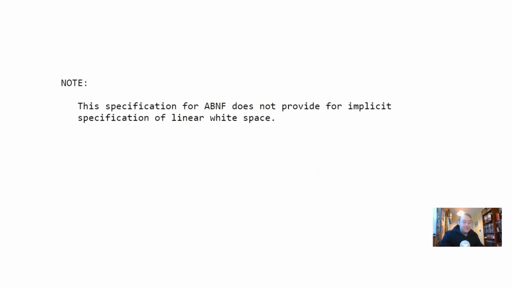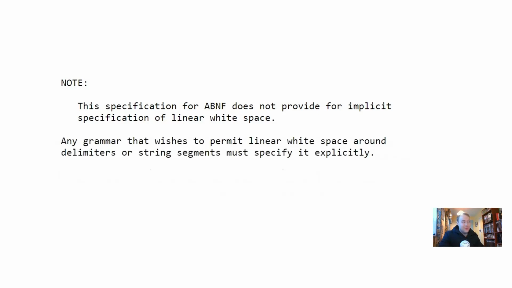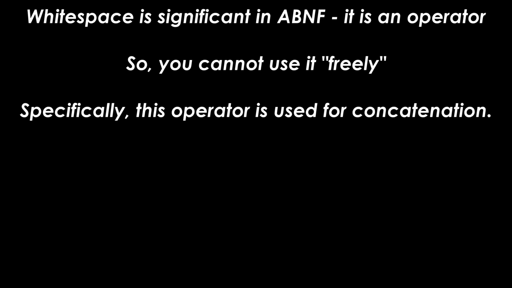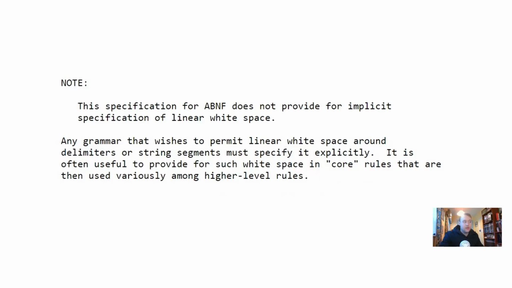But this specification for ABNF does not provide for implicit specification of a linear whitespace. Any grammar that wishes to permit linear whitespace, you've got to do it explicitly around those delimiters. It is often useful to provide for such whitespace in core rules that are then used among the higher level rules. So what's being said there is that they're not going to sort out the whitespace for you. It's not done implicitly. You have to do it explicitly.